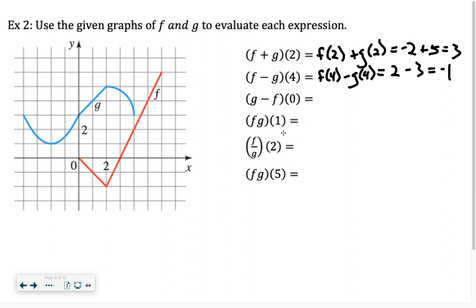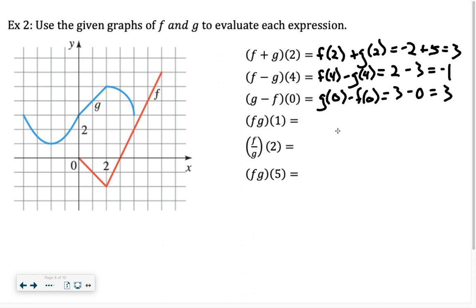G minus f of 0, f times g of 1, and f divided by g of 2. All right, so this is just g of 0 minus f of 0. G of 0 is 3. F of 0 is 0.